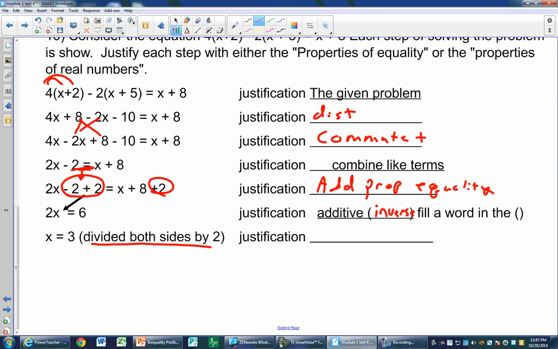That is the multiplicative property of equality. Remember, multiplying or dividing an equation by the same number on both sides of the equal sign keeps them equal. So it's the multiplication property of equality.